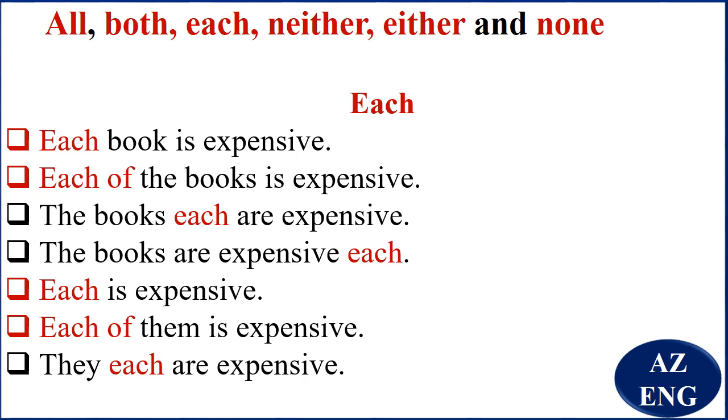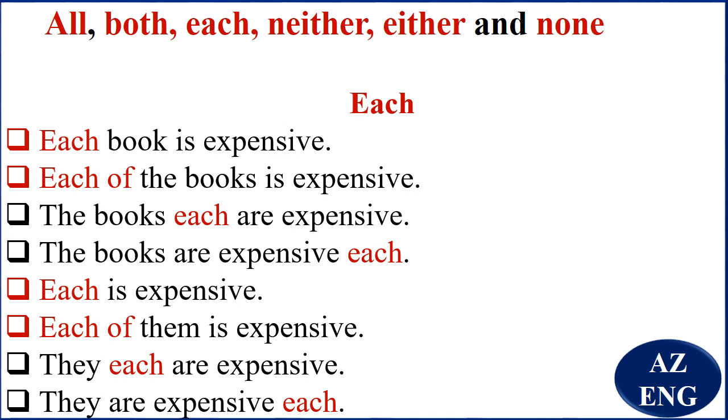They each are expensive. So you see we are using pronouns. We are not using the noun books here. And they are expensive each. You are saying the same thing. So you see how you can change the position of the words and mean the same thing.